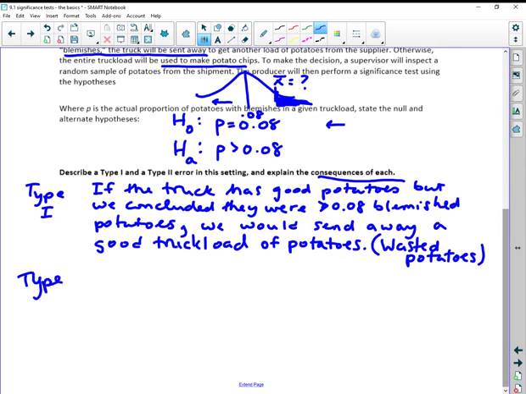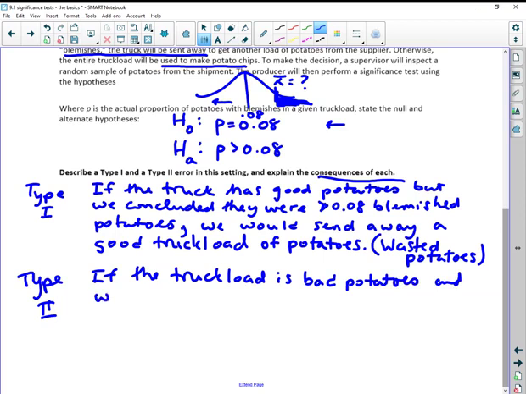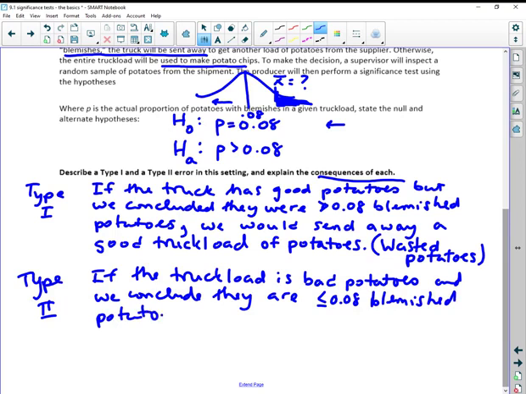But type 2 error, what would that be? If the truckload really is bad potatoes, and we conclude they are less than or equal to 0.08 blemished potatoes, then what's going to happen?